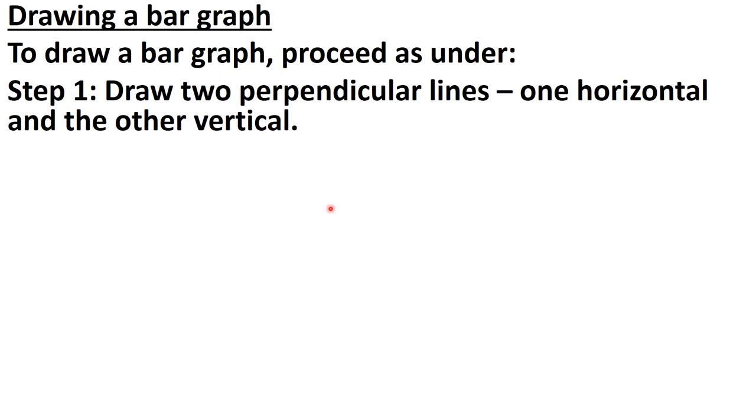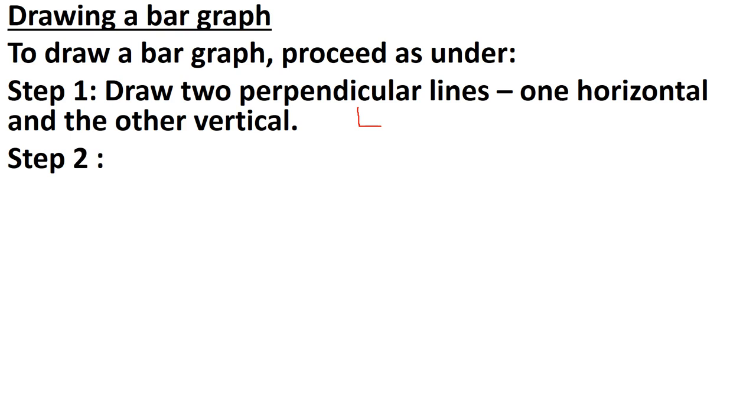In this way you have to make the graph in the shape of L. Like this. I am making a small one. Okay. So this is the horizontal line and this is the vertical line. In this way you will make.